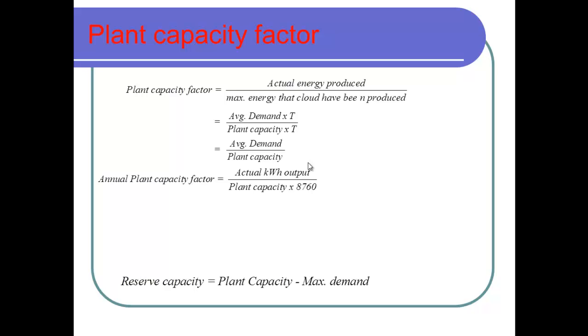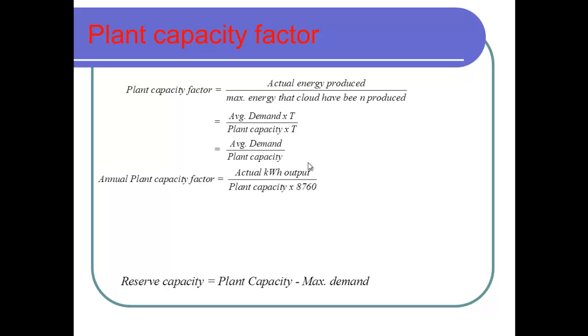For example, a generating unit has the maximum capacity of 100 megawatt, then we can't say that always, all the 24 hours, the generating station is generating 100 megawatt of power. That only depends upon the load.